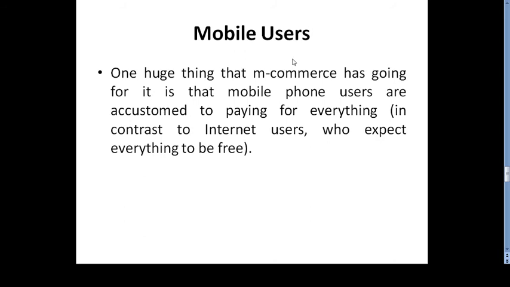So most of the jobs in today's world, like mobile recharge and banking payments, we do through many applications with a single point of access, that is through the mobile.